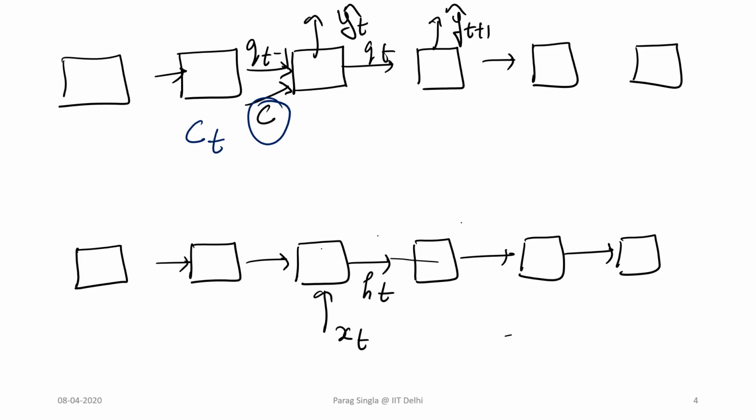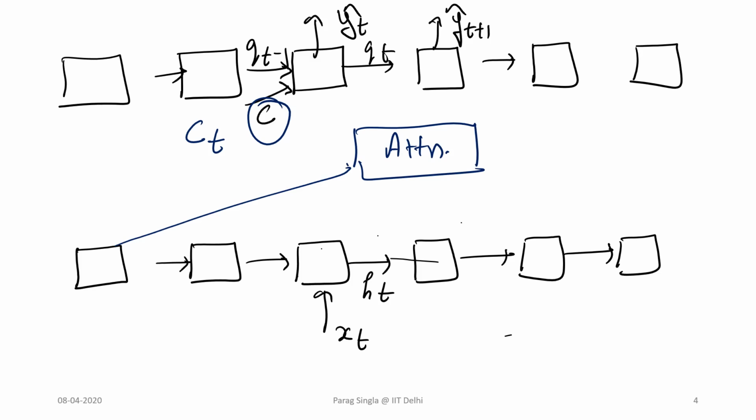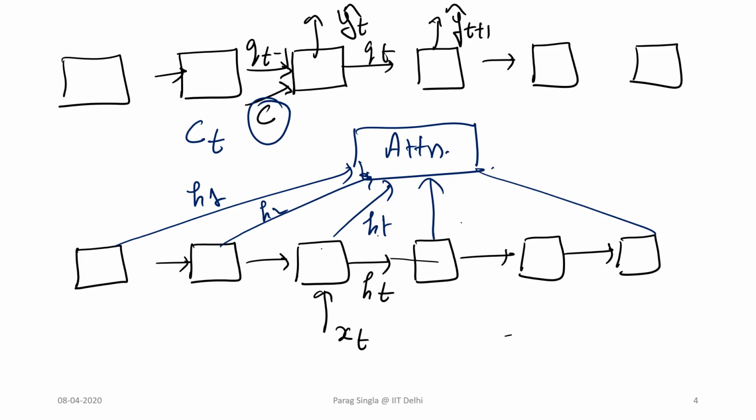The key idea is to draw this box, which you can think of as the attention box, which takes inputs from all the input hidden states h1, h2, and so on up to ht, the last time step.